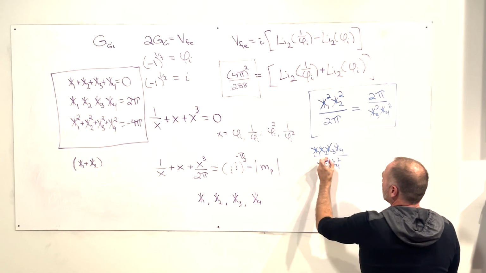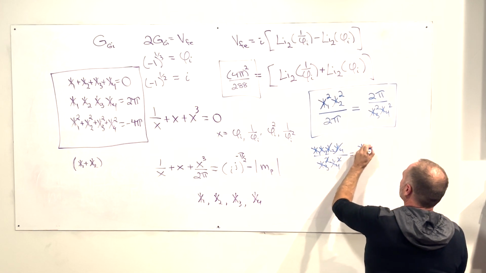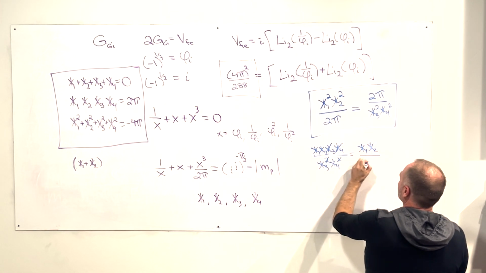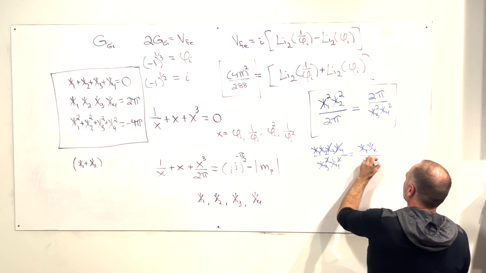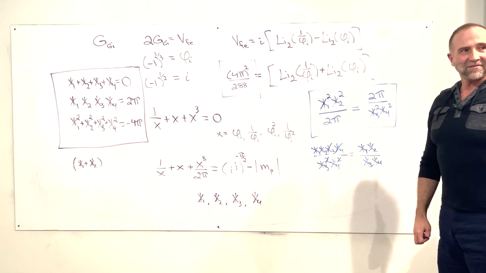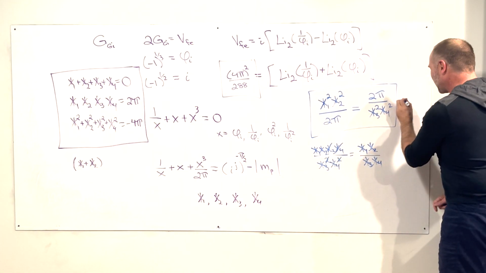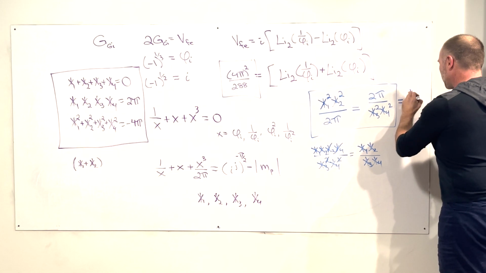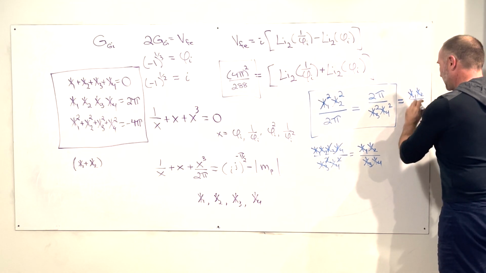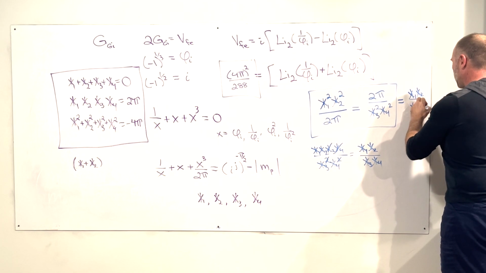We cancel a J3 with one of those and J4 with one of those, and it equals J1, J2, J3, J4. Yes, it's also equal to this. So this is also equal to J1 times J2 over J3 times J4.